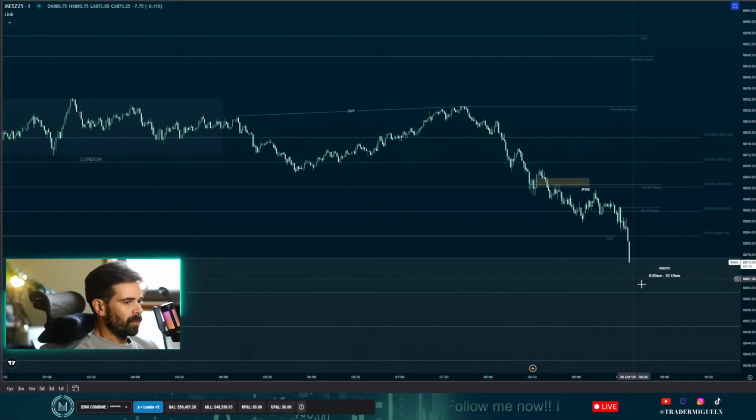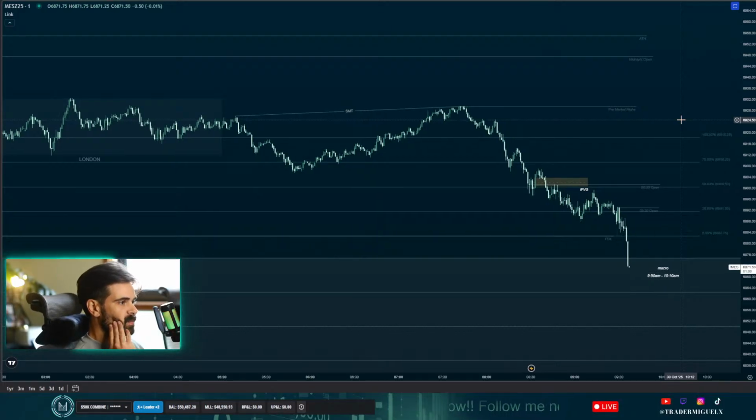So, a tap into the NWOG. Let's see how far we will go. So far the opening price action has been quite well anticipated.